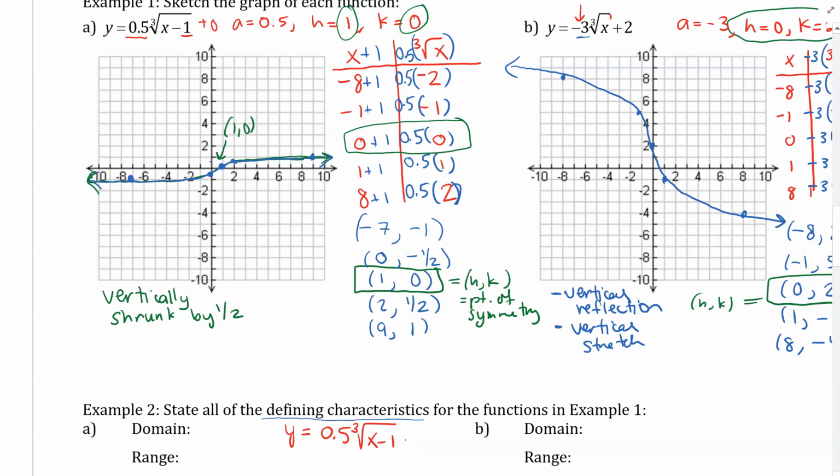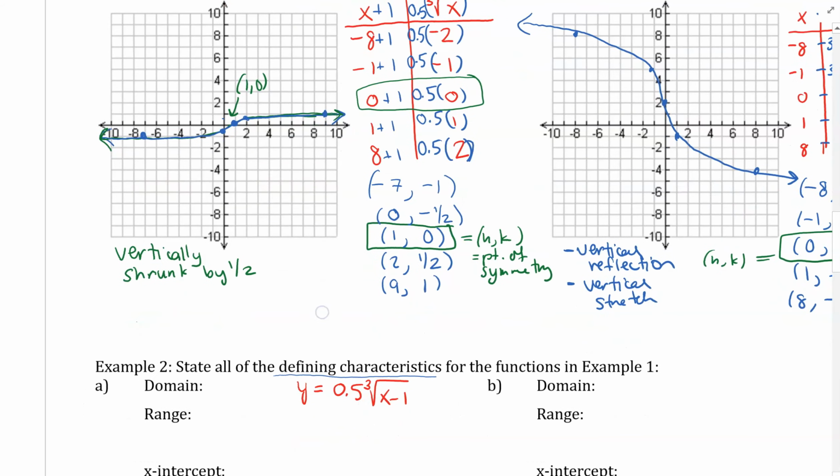So for any cube root graph, because you're allowed to take the cube root of a negative, and you're also allowed to let the cube root equal a negative, the domain and range for all of these cube root graphs will always include all of the real numbers. Nothing's off limits. I can let x be negative, and when I cube root the x, I'm allowed to let the cube root be negative as well.